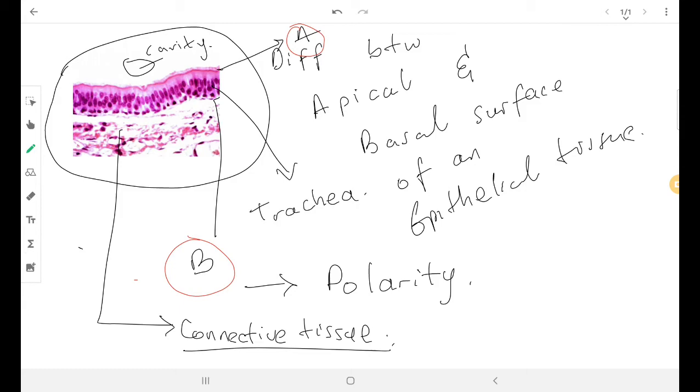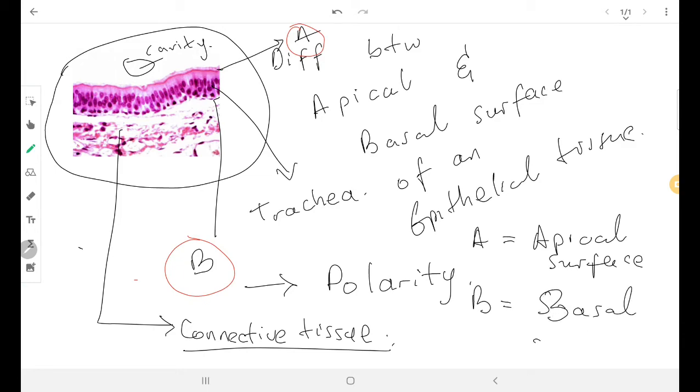Apical surface isn't connected to anything at all. So A is equal to apical surface. B is equal to basal surface.